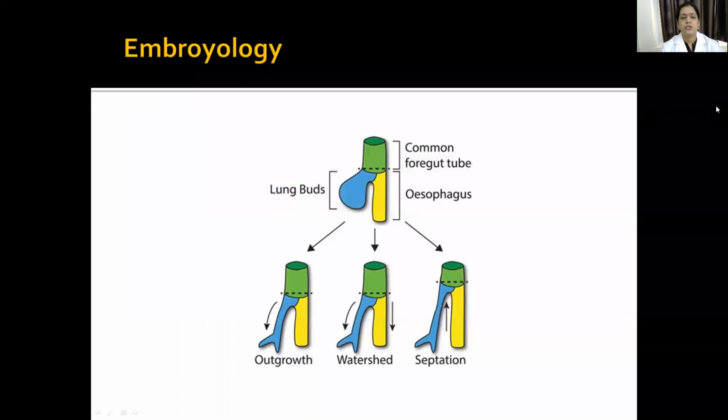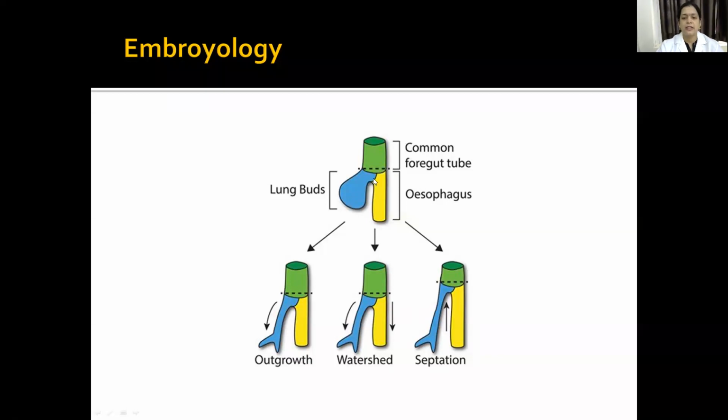So coming to the embryology, why you have to know the embryology is that you will have to figure out all the lesions, what can occur congenitally and what predisposes to the acquired lesions of the esophagus. So coming to the esophagus, now we have a common foregut tube here. The esophagus arises from the cranial portion of the common foregut tube.